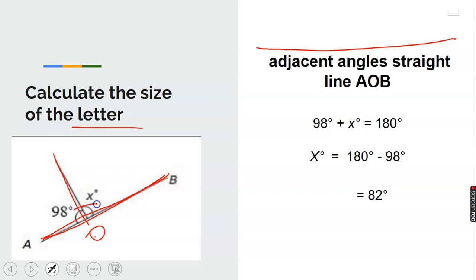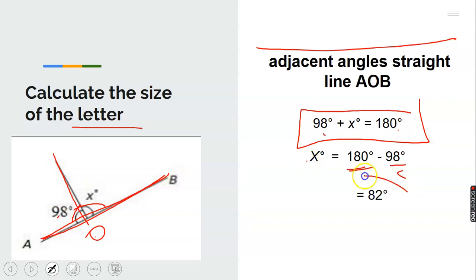We know that the sum of two adjacent angles on a straight line is 180. Now, 98 plus x equals 180. X equals 180 minus 98 equals 82 degrees, sorry. That is how to calculate the size of the letter representing an angle.